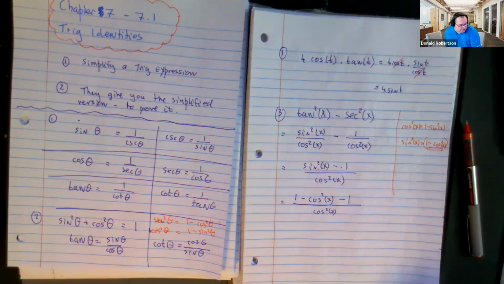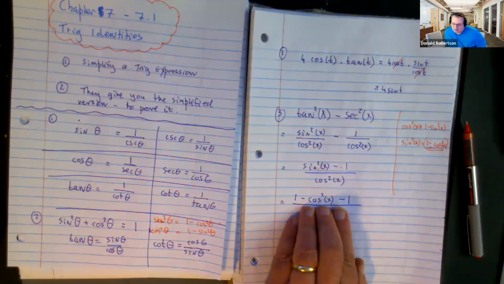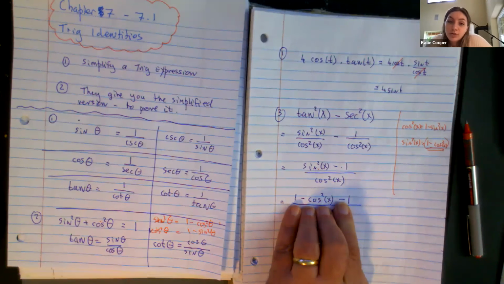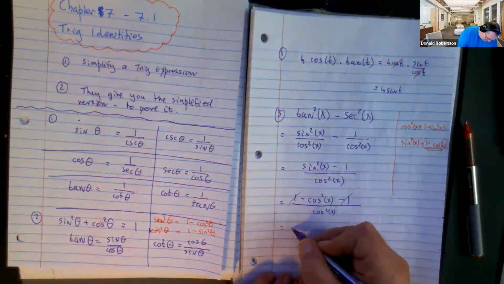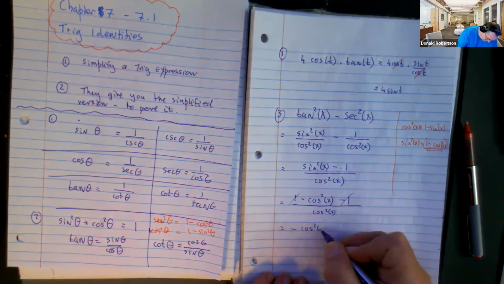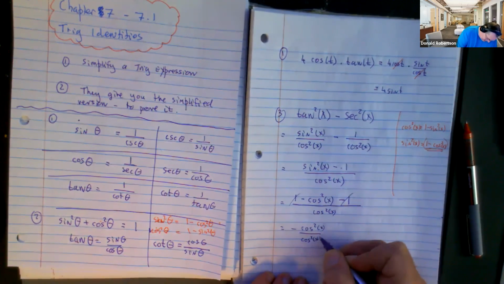Can you see anything nice happening here? What can the top become? Negative cosine squared x. Yeah, don't the ones cancel each other out? Wait a minute.